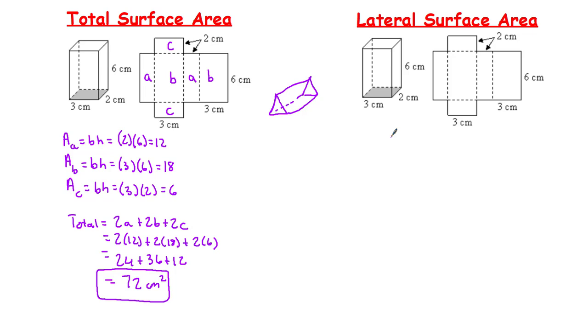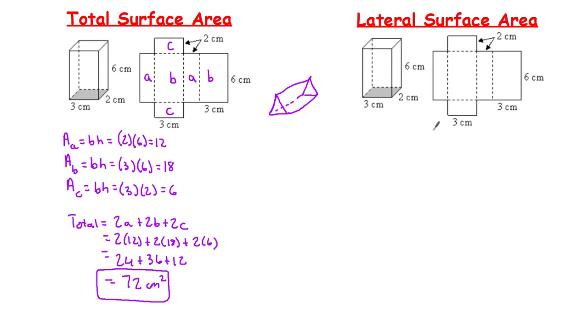Okay? So when you think about lateral surface area, I want you to think about that. Think about just painting the walls. You wouldn't paint your ceiling or your floor. Well, at least you wouldn't paint them the same color as your wall. Okay? So the ceiling and the floor, those are your bases. So you're not going to consider that when you're thinking about your lateral surface.